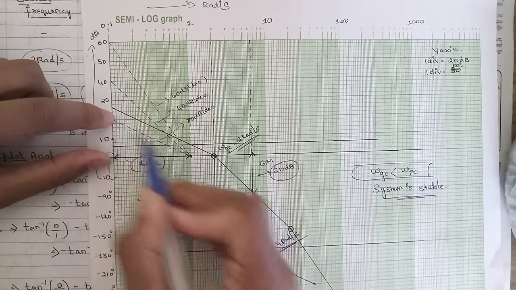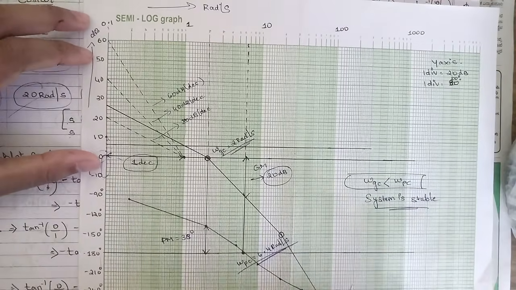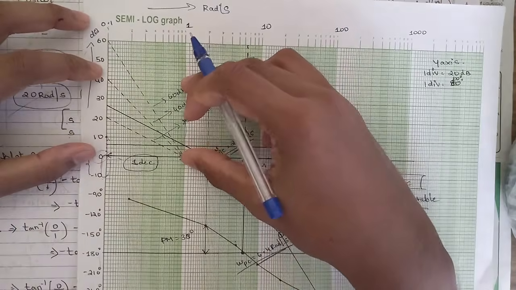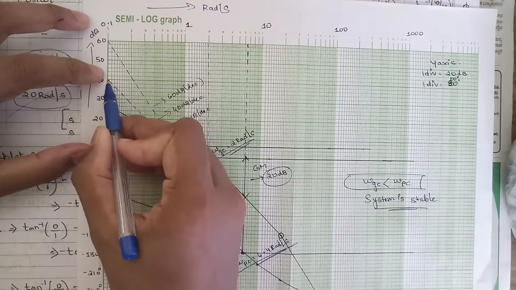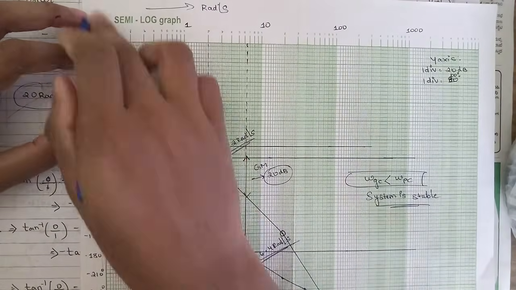From this point to this point, if you drop one line, that is the slope of 20 dB per decade. Similarly for 40 dB per decade, from this point keep the scale to 2 inch, and this is 1 decade. From this point to this point, if you draw the slope, you get 40 dB. Similarly for 60 dB.